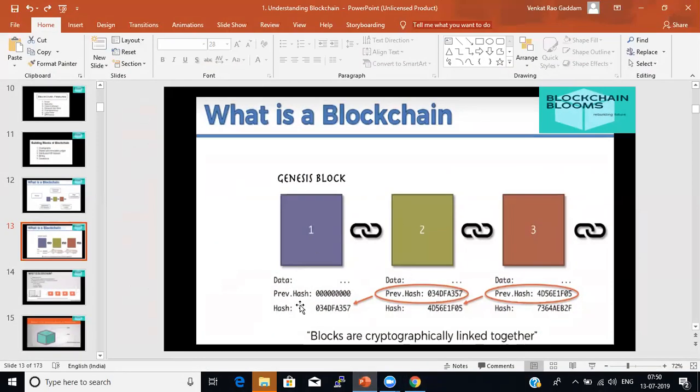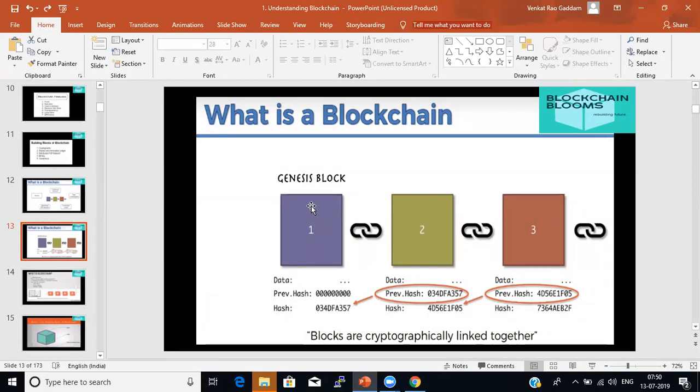Here, if you observe, once we create any block and apply the cryptography algorithm, the hash code we get will be linked to the next block as the previous block hash code. That is how the blocks are interlinked with the help of the previous block hash code.